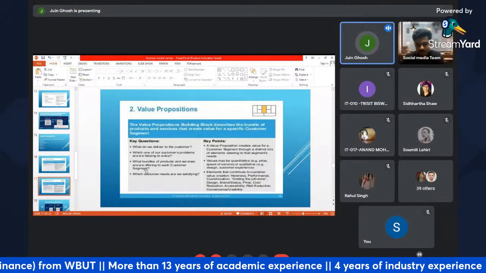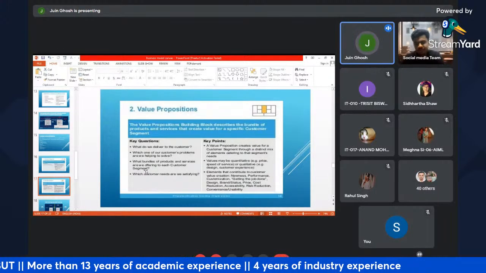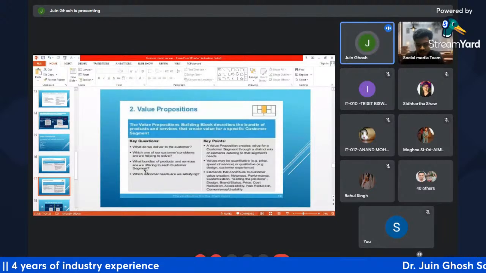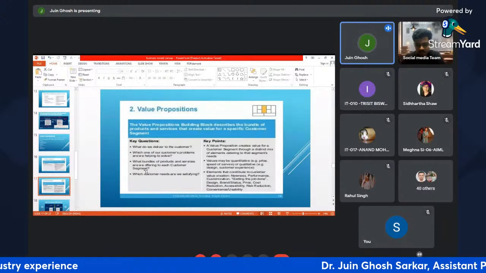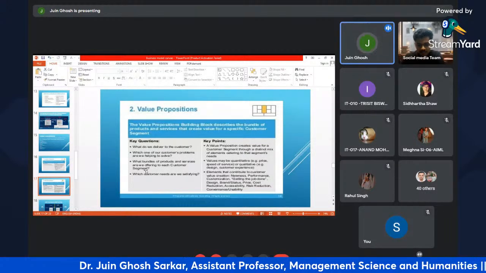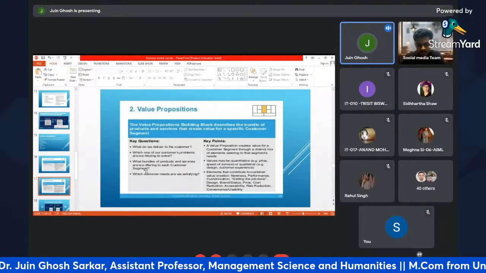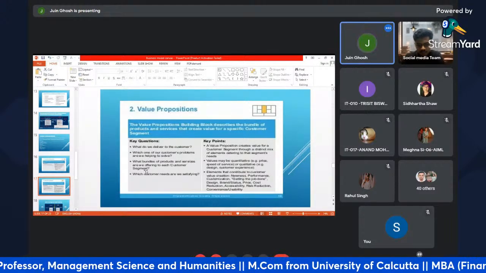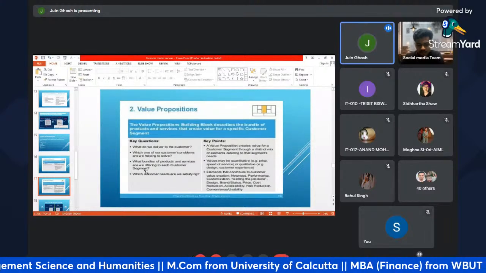If we segment the customers, it varies according to what product the company is providing to the prospective group of customers. It may be segmented on the basis of age. For example, if we talk about mobile companies, mainly we segment on the basis of age category and income category.